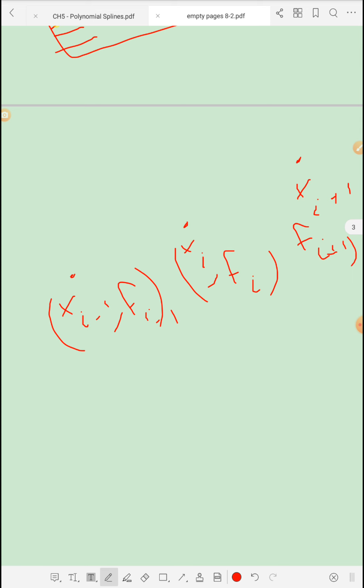So this is the final data point. So we have three data points in the general case.